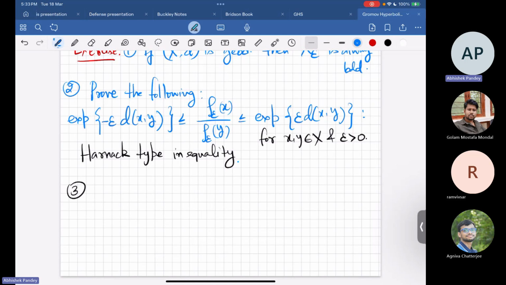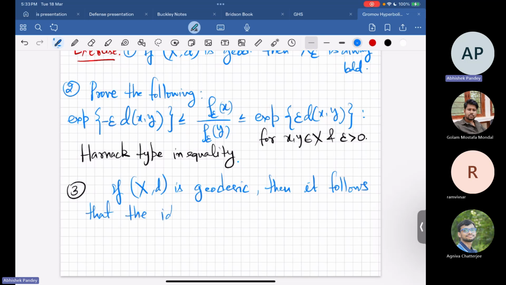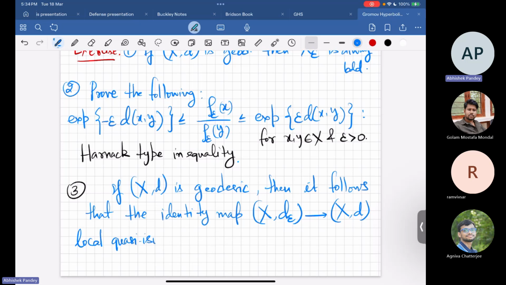And the third property is, if (X, d) is geodesic, then it follows that the identity map from (X, d_epsilon) to (X, d) is a local quasi-isometry, and in particular, (X, d_epsilon) is rectifiably connected.